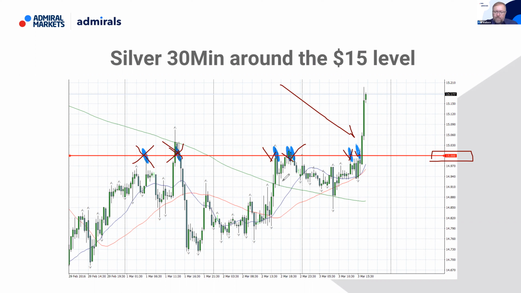It would tap it, fall away, tap it, fall away, and then fall away a bit before it shot off. This is about how the price reacts around those big, significant psychological levels, and every instrument you look at will have those levels.